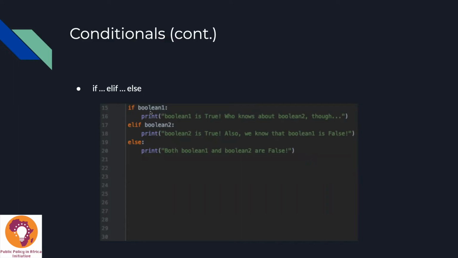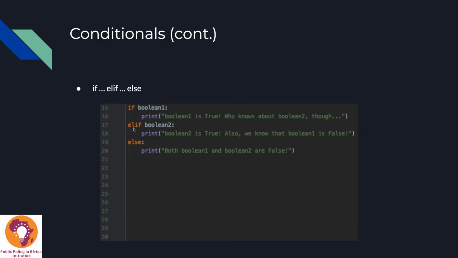Boolean 1 is basically a Boolean variable, and remember Booleans from last week: a Boolean is a value that stores either true or false. So if it's true, then we print Boolean 1 is true. Who knows about Boolean 2 though? And then we skip to line 21 because we skip the rest of our conditional expression.